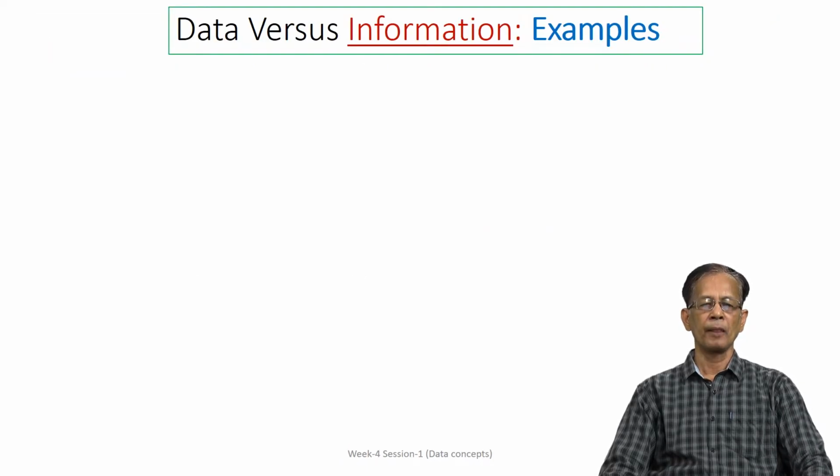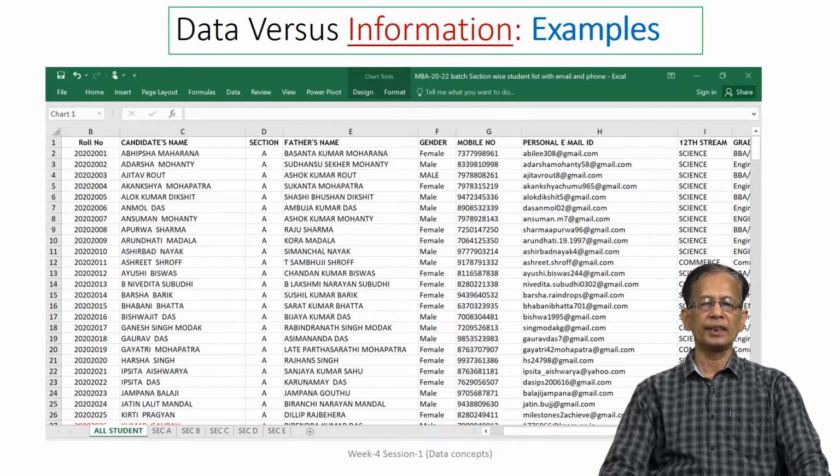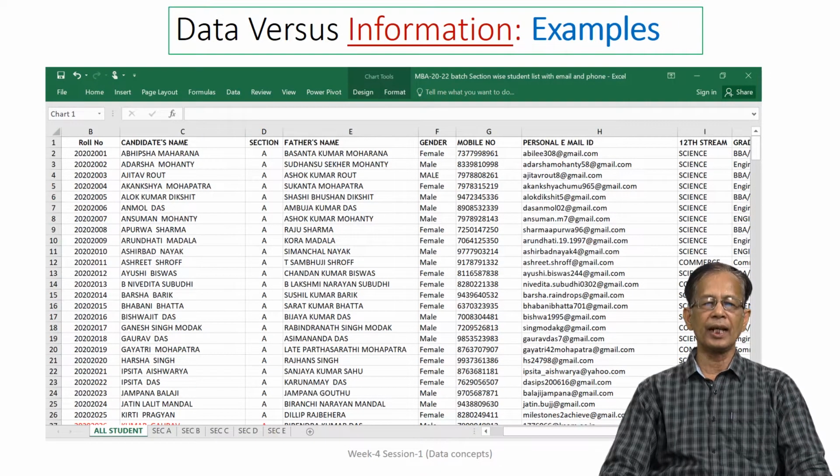My first example could be the database of students of a college, usually handled by the admin department, where you have the roll number, section, background, gender, everything like this, as you can see on the monitor. But this is not handy and this is not information.